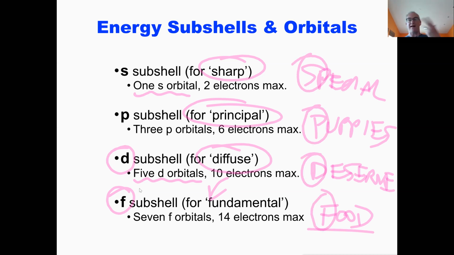You can use whatever mnemonic device you want, but that's one that works for me, because sharp, principal, diffuse, and fundamental don't really stick in my brain very well. But S, P, D, and F, we're going to be using that over and over and over again. So figure out some way to memorize the order that is S, P, D, and F, because we're going to be doing it over and over and over again. If you want to use puppies, works for me.